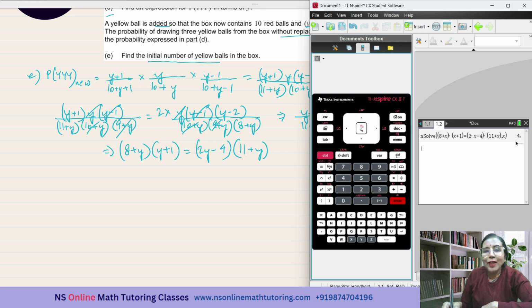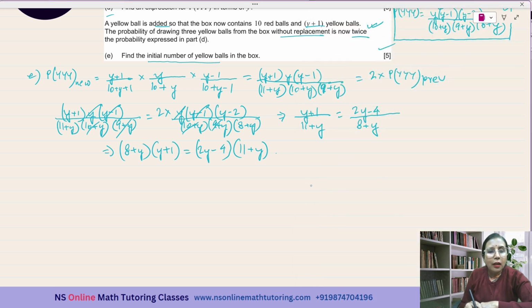The calculator has given only a single value for x. It is most probably because the y squared terms get cancelled. I'm not sure about that, but something is definitely happening. Maybe we are having a whole square expression. Anyway, x is equal to 4, or the y value is equal to 4. That means the number of yellow balls that were in the box initially is equal to 4.